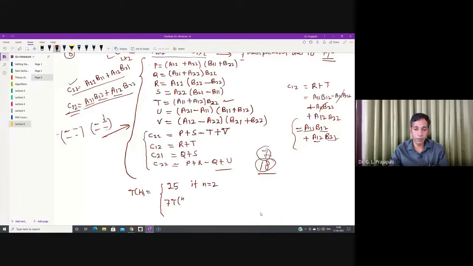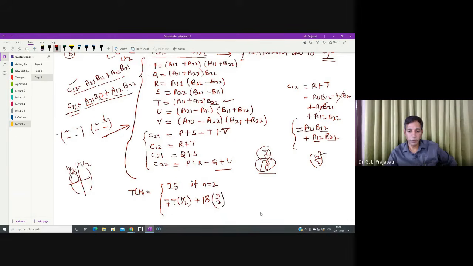How many matrices? 7 matrices. And how many additions and subtractions do you require? 18, with dimension n by 2, so (n by 2) squared, and this is if n is greater than 2.